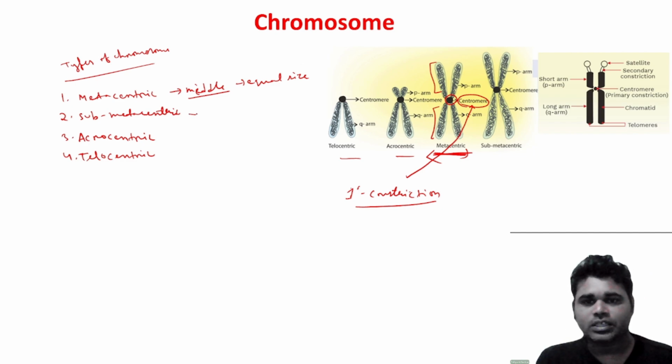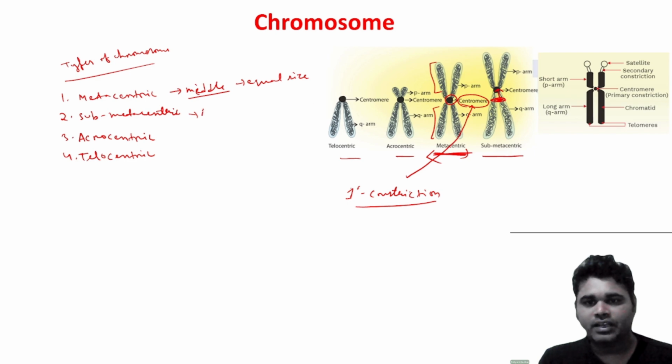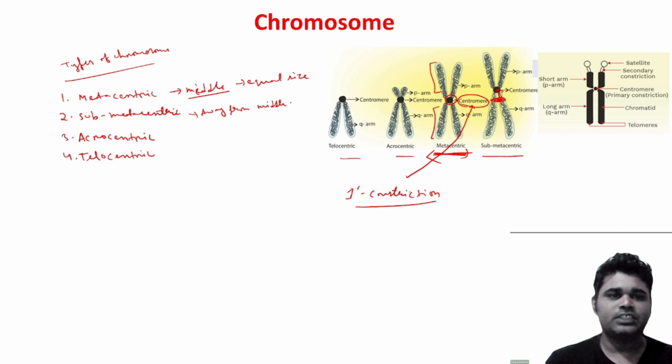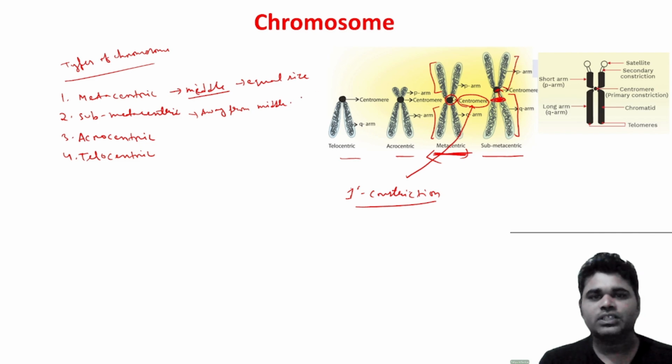Next comes the submetacentric chromosome. Here the centromere is displaced, a little away from the middle. Because the centromere is away from the middle, two arms are formed, but they are of unequal size.